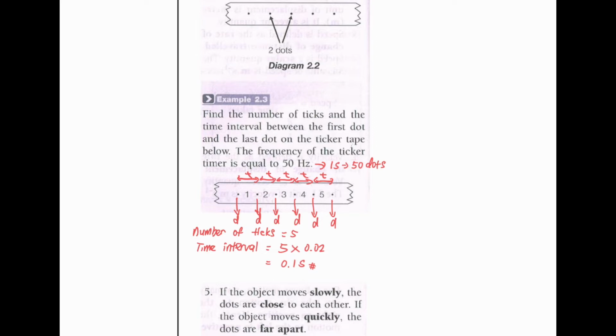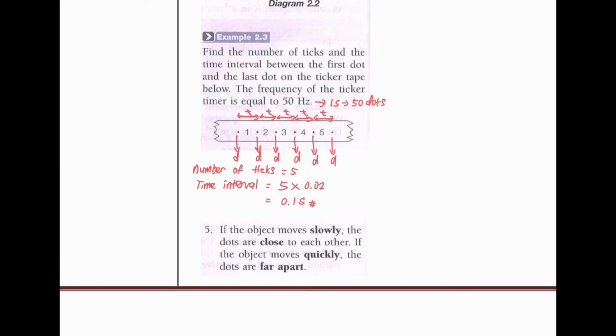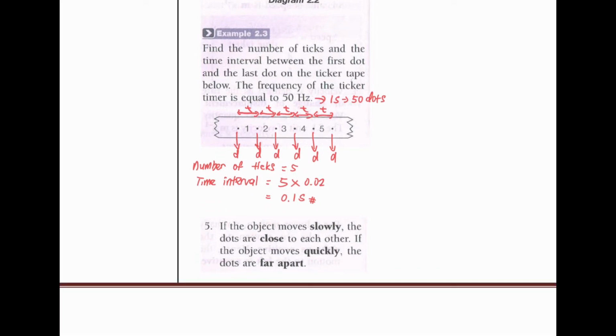Okay, so imagine the ticker tape is held by an object which is moving. So it is held by a trolley, for example, and the trolley is moving slowly. Okay, you can see here, if the object moves slowly, the dots are close to each other. If the object moves quickly, the dots are far apart.